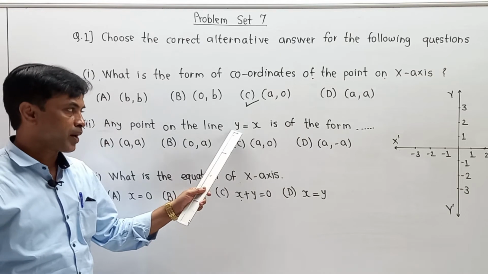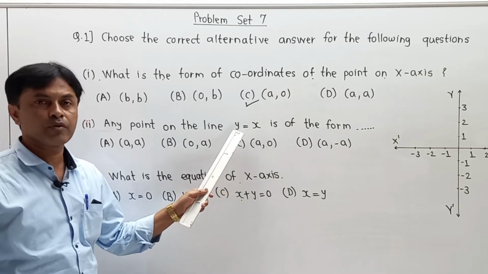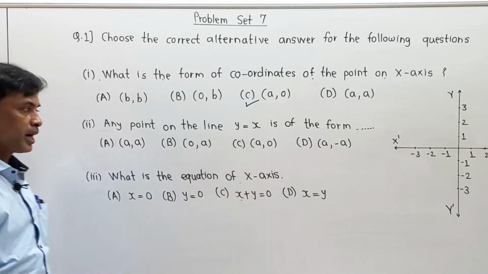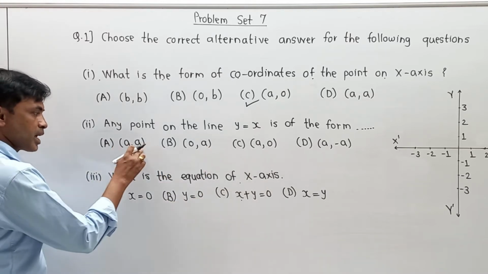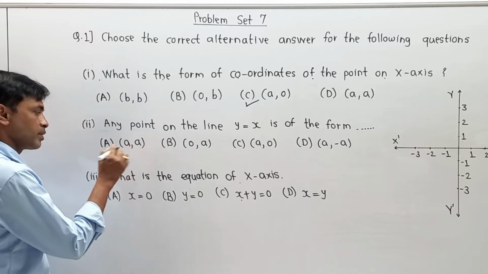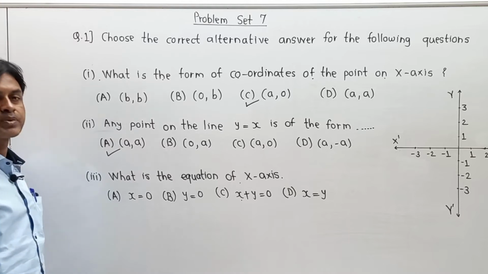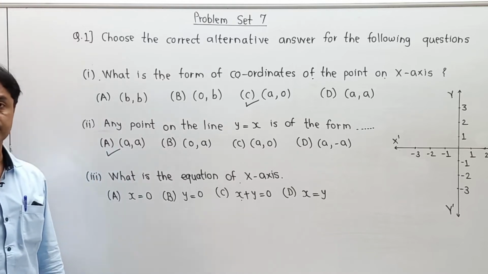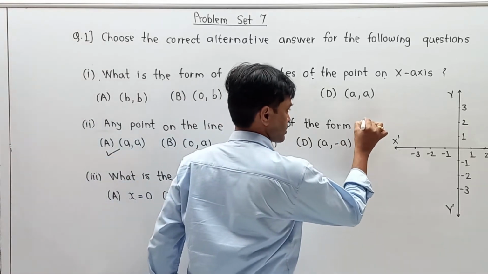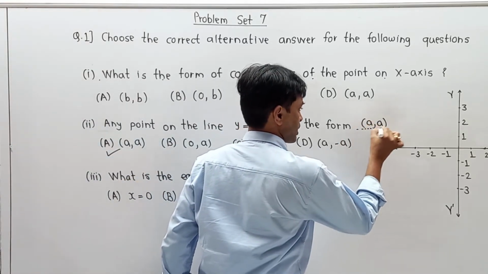We know that the value of x is equal to the value of y. Among these 4 choices, in (a, a), the value of x is a and the value of y is a, and both are equal. Naturally our first answer, A, is correct. So we are going to fill that part, that is A. (a, a) is our correct answer.